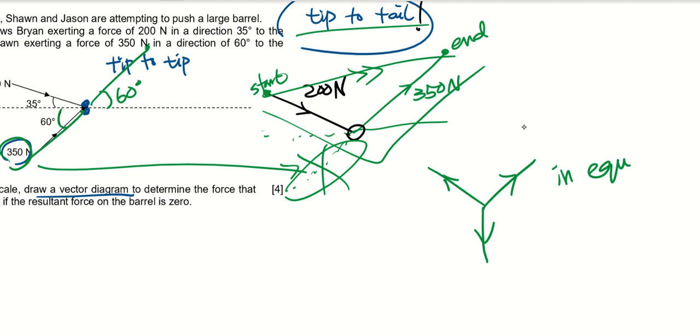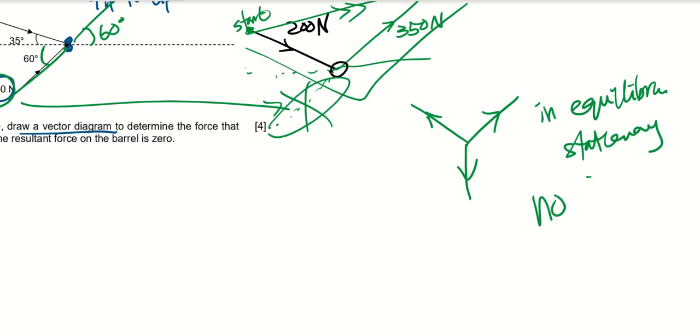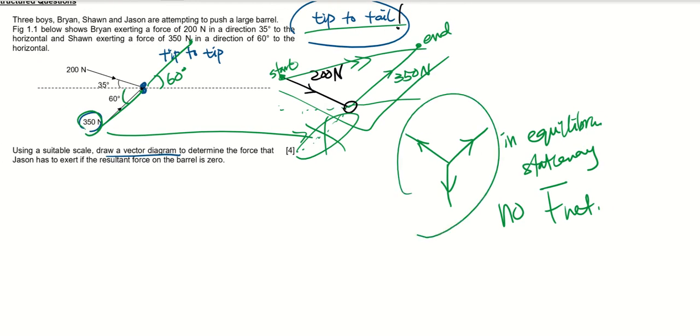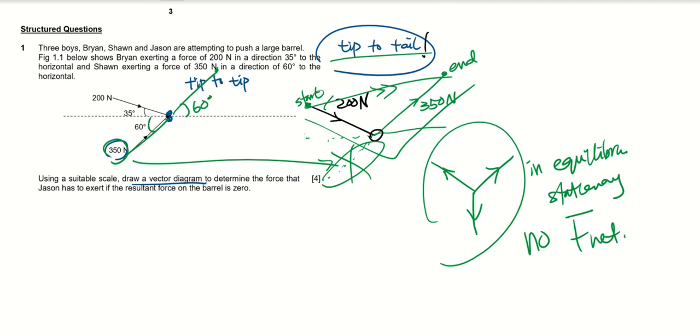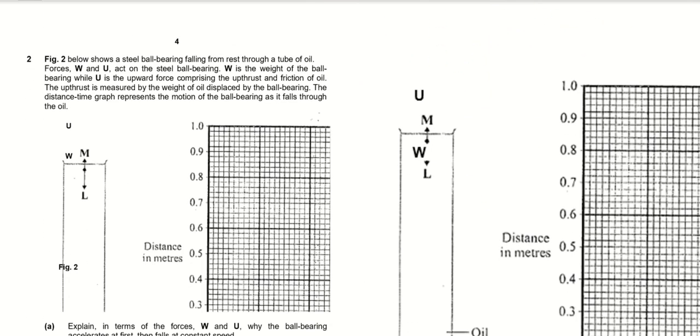They will tell me it is either in equilibrium or stationary. In this case, there will be no F net, no resultant force, because these three forces balance each other. But if you look at these two forces, they will only result in a resultant force. So you must know how to draw this.